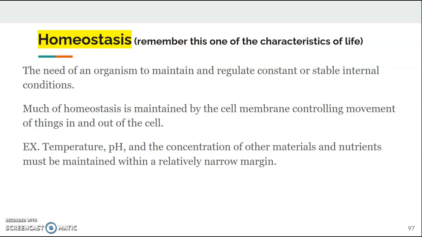If you think back to the conditions which are necessary for an enzyme, you will remember that an enzyme is very specific. It works best at a particular pH, at a particular temperature, right? And so these things have to be regulated within a cell in order for everything to happen as it should.